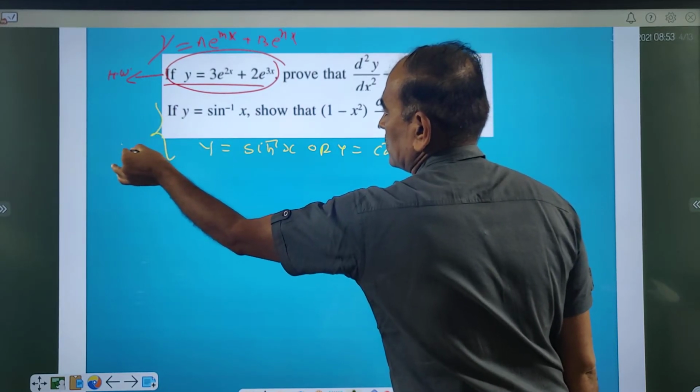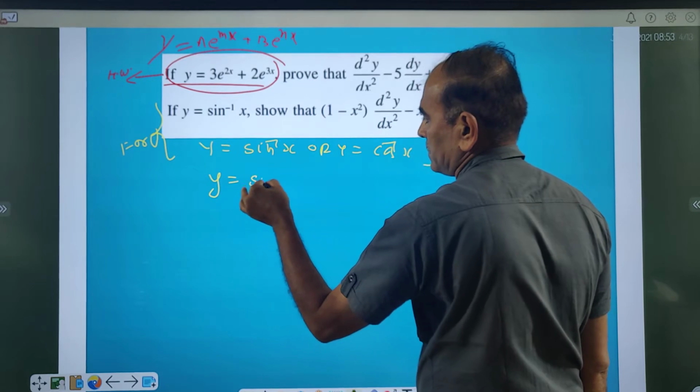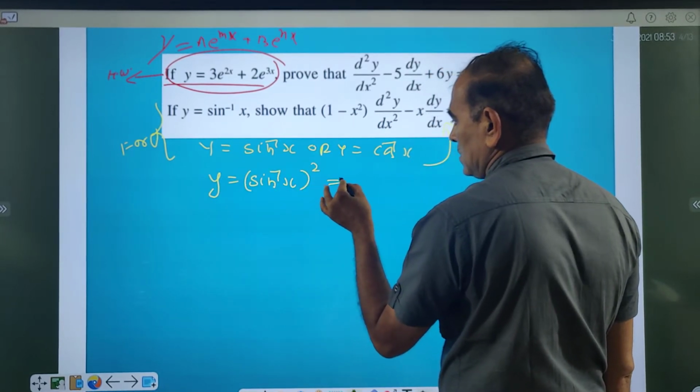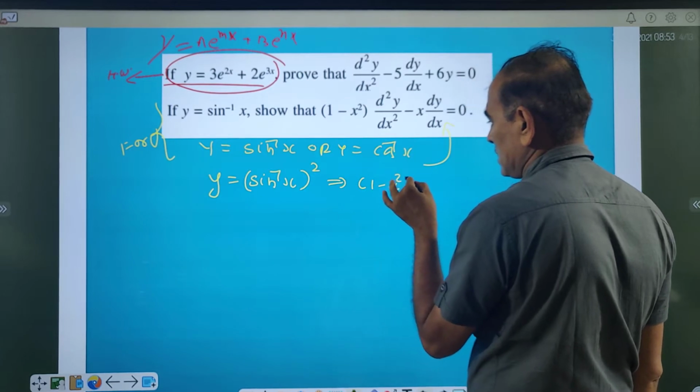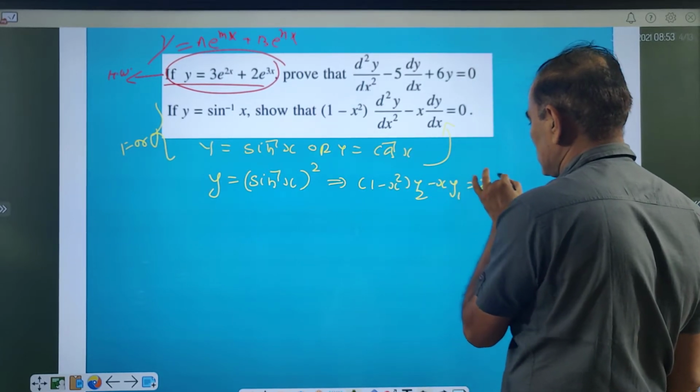This one is also for you. Let us solve this one. y is sin inverse x whole square. This implies (1 minus x square) y2 minus x y1 is equal to 2.